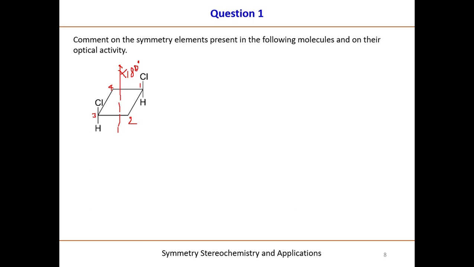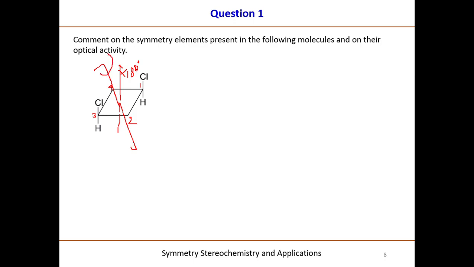Now let's talk about the other symmetry element. Other axis. Is any other axis possible? No. Correct? No other axis of symmetry is possible here. You can check by yourself. Yeah, one possibility is there. Anyone? You can pass the axis through here from the center, right?